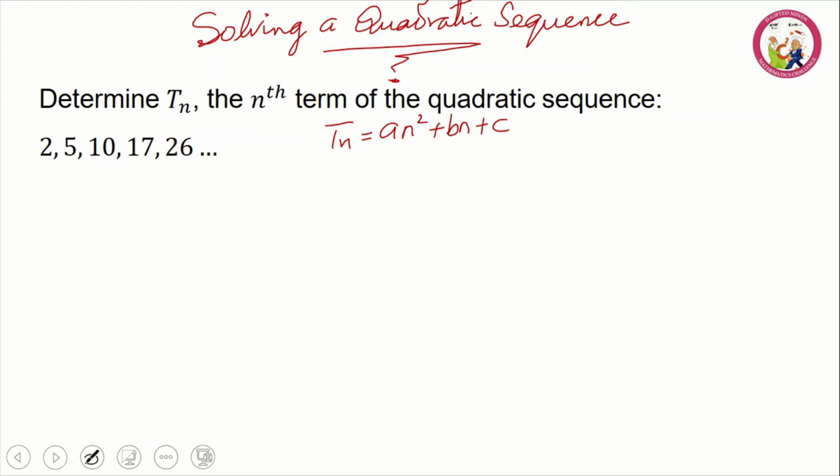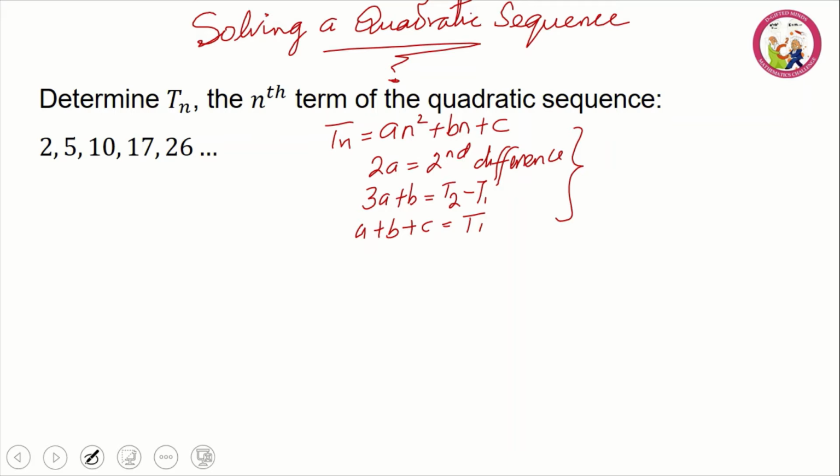And I also mentioned that you need to recall three equations: 2a equal to the second difference, 3a plus b equal to the second term minus the first term, and a plus b plus c equal to the first term. You need to recall all these to be able to solve for the nth term of any quadratic sequence. So let's do that right away.